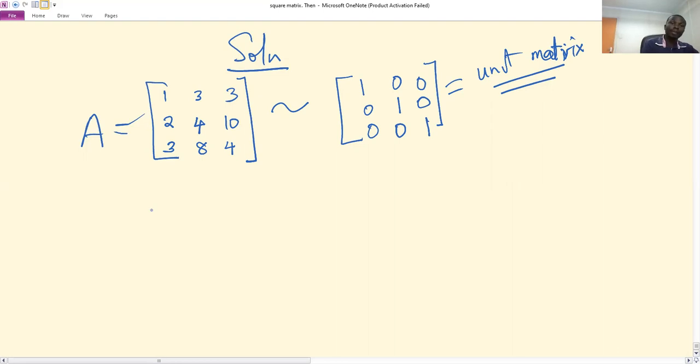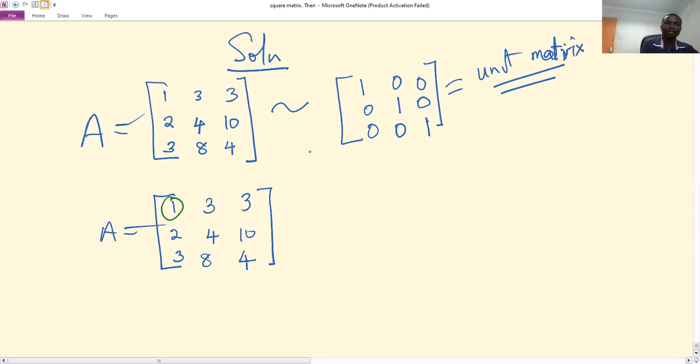Now, 1, 3, 3, 2, 4, 10, 3, 8, 4. This is matrix A. Already this element is 1, so that one we are okay. This position we are okay because it should be 1. But this must be 0.